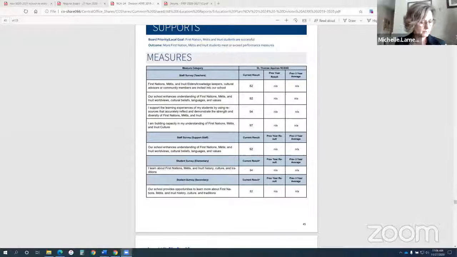And I'll pass this over to Charlie. All right, are trustees able to see the documents that I'm sharing?